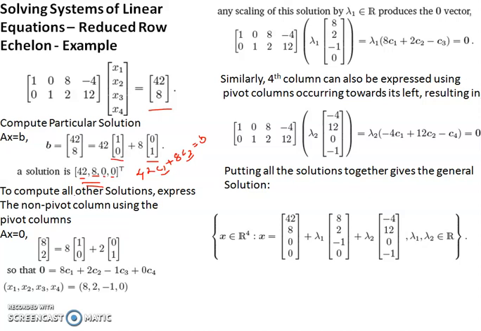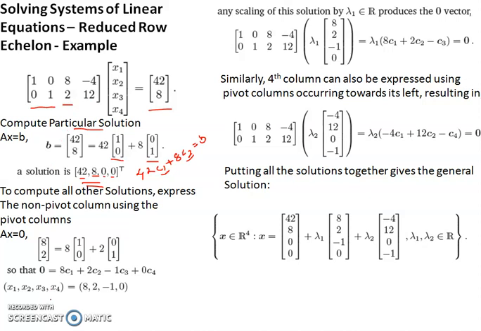Then, this is just a particular solution that has been computed. To compute all the other solutions, we need to express the non-pivot columns. As said in the previous video, using the pivot columns you need to represent the non-pivot columns. So how can we represent them? Consider column 3.